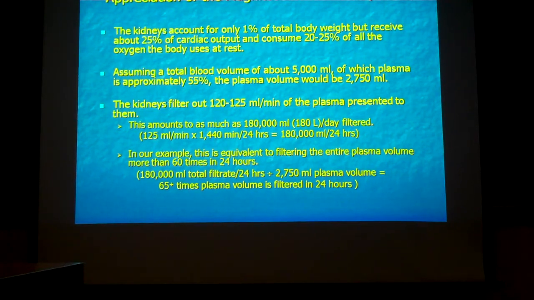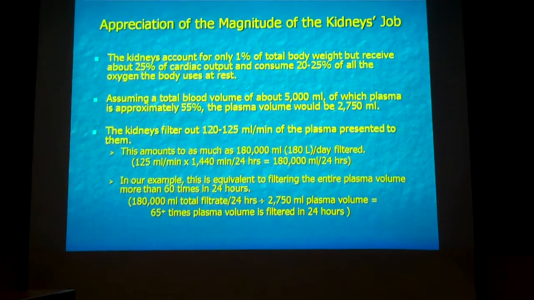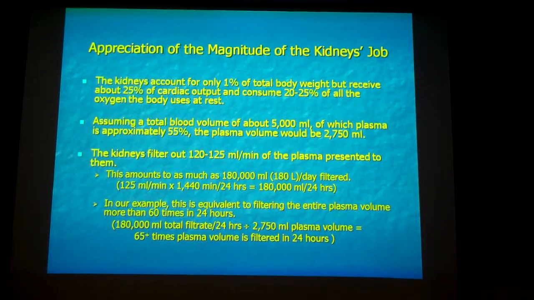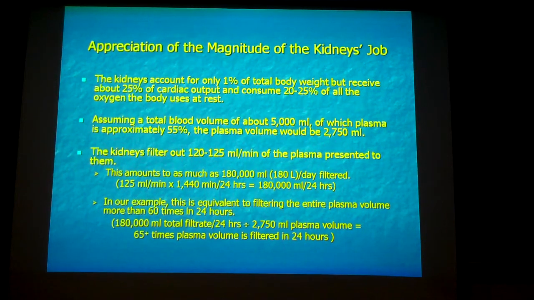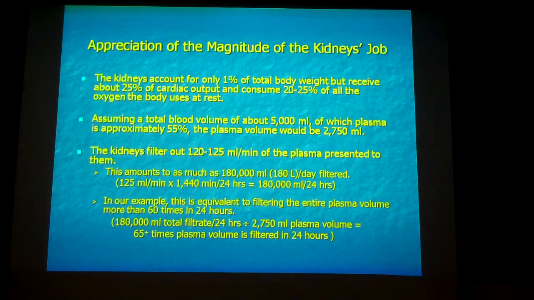Now, let's just get an idea of how efficient the kidneys are at their job. Our kidneys make up roughly 1% of our total body weight, but they receive about a quarter of our cardiac output.